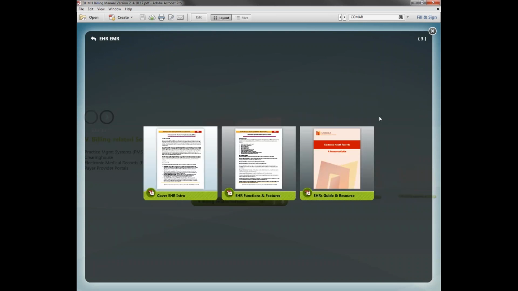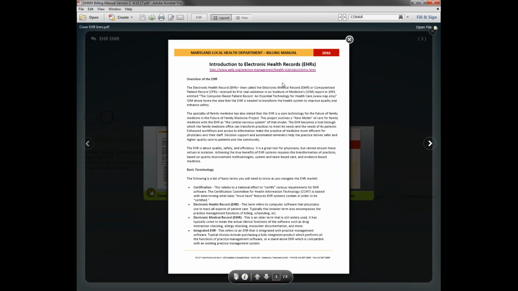The next part is on the EHR and EMR. The first document that we have goes over the overview of the EHR. The electronic health record, previously known as the electronic medical record, received its first validation from the IOM report in 1991. We've listed some of the basic terminology that is involved in the electronic health record certification.